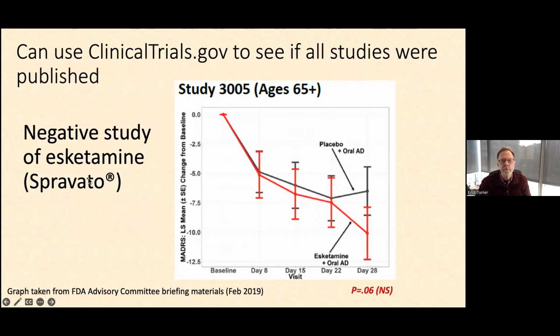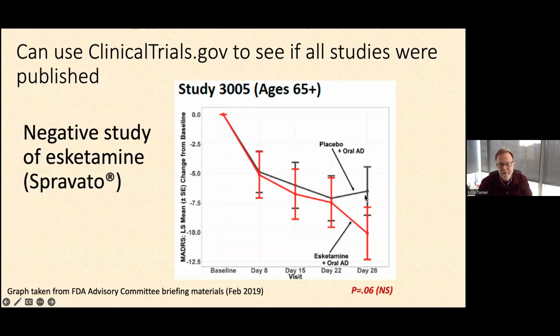And this is a study of esketamine, or brand name Spravato, and as you can see, the p-value is 0.06. So it didn't make it below the magic threshold of 0.05. In fact, they seemed to get lucky here between day 22 and day 28, week 3 and week 4.